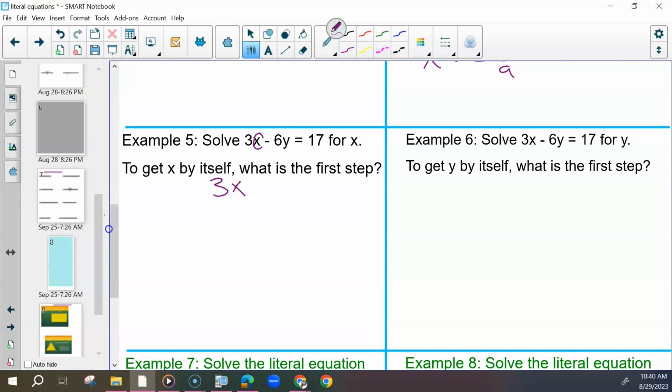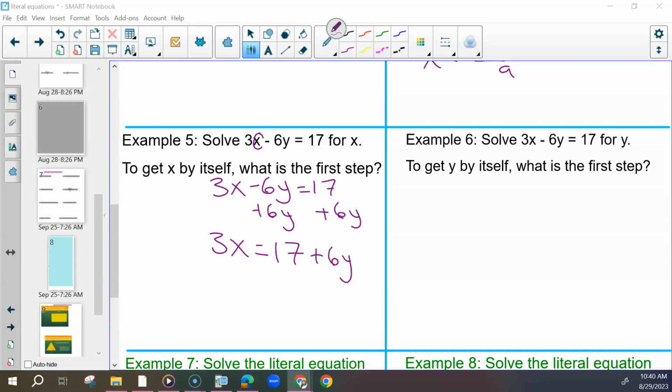I'm going to rewrite that down here. And since the 6 and the y don't have anything to do with x, we're going to get rid of the whole thing, add it to the other side. But these 2 things are not like terms, so we can't combine them. We would just rewrite. But we're still trying to get x by itself. What would we do then?